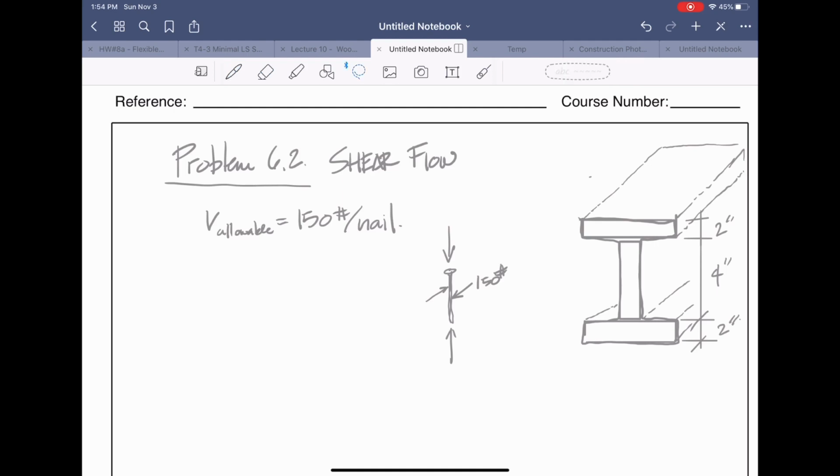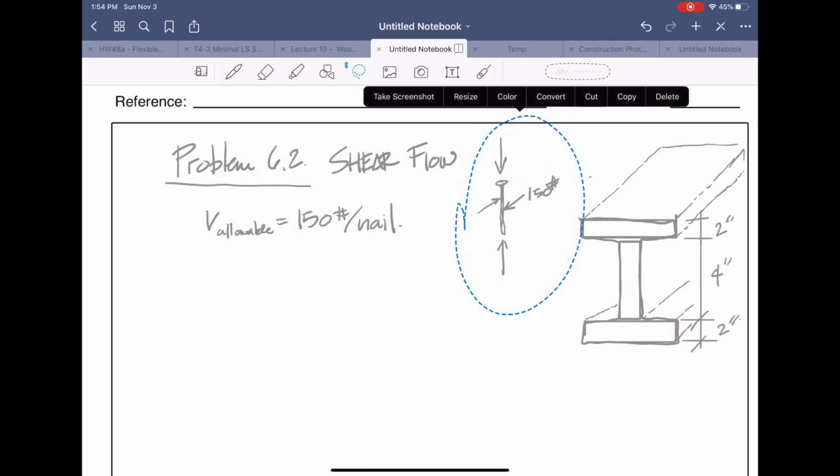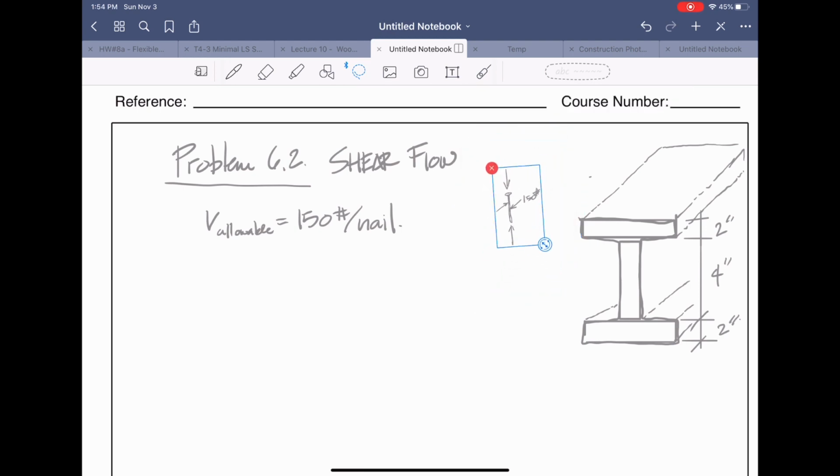It's the shearing of a nail. Now, we are being asked to solve for V based on the spacing and the shear capacity of the nail.